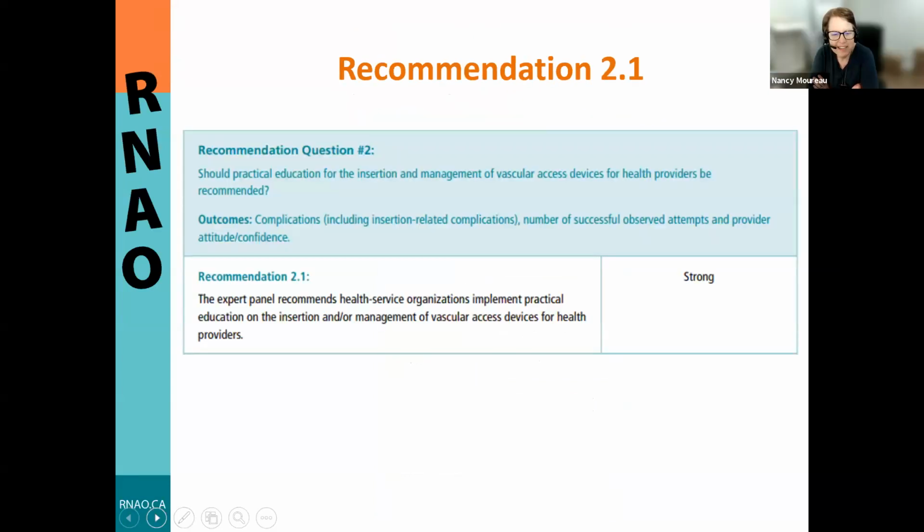Thank you, Darlene. And now for recommendation 2.1. In recommendation 2.1, the expert panel recommends that health service organizations implement practical education on the insertion and/or management of vascular access devices for health providers.